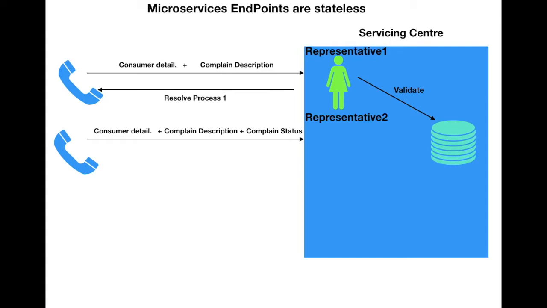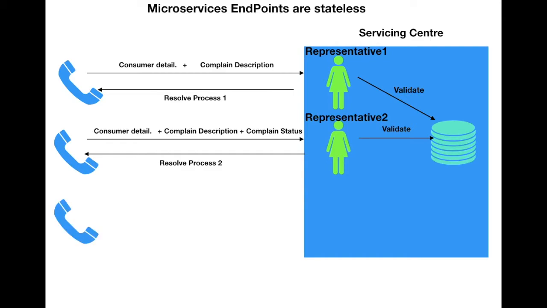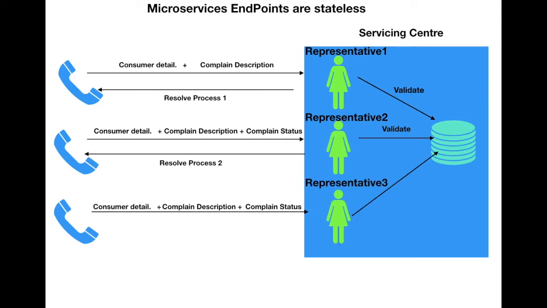He doesn't know anything about the consumer, so he asks again, who are you, means what is your consumer detail, then asks for the description, then asks for the status, then goes for validating whether the consumer is correct or not, then gives the second solution or second resolving process. Again the same thing is going to happen every time the consumer calls the servicing center if it is a stateless servicing center.